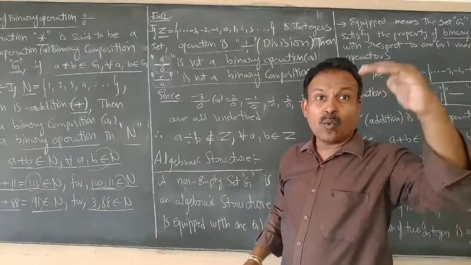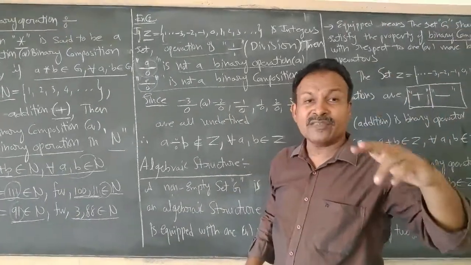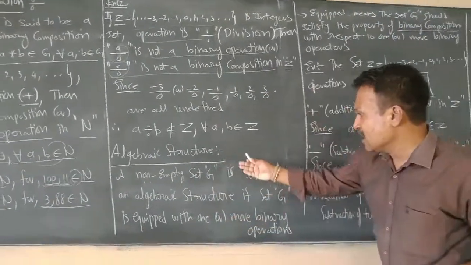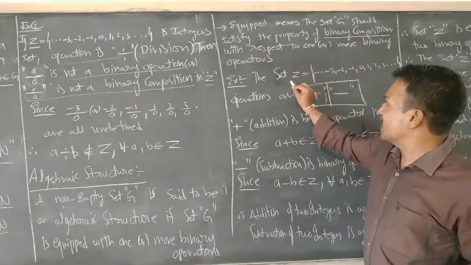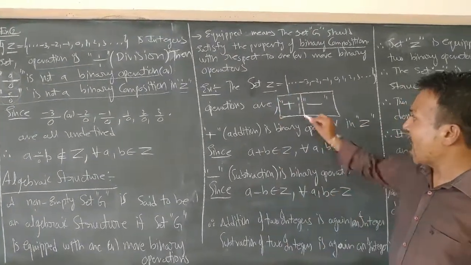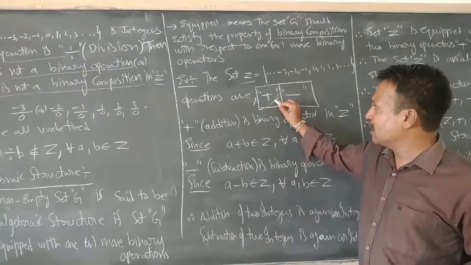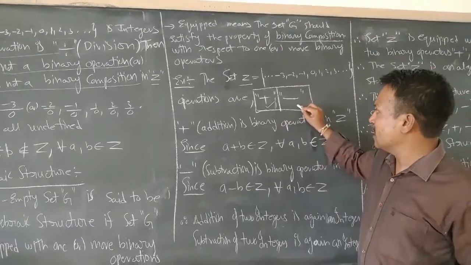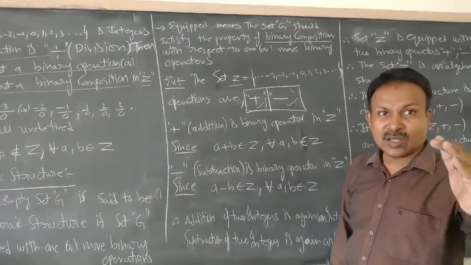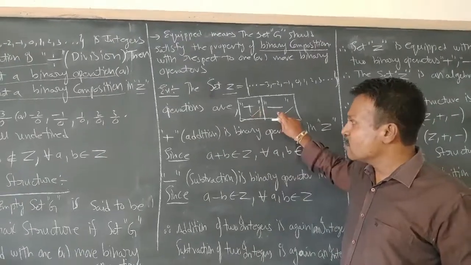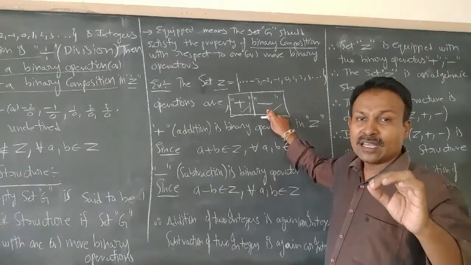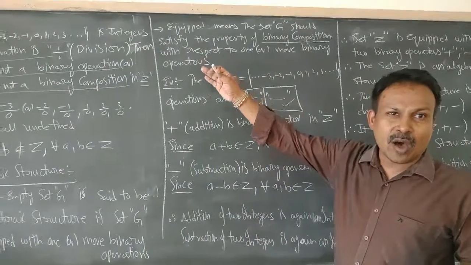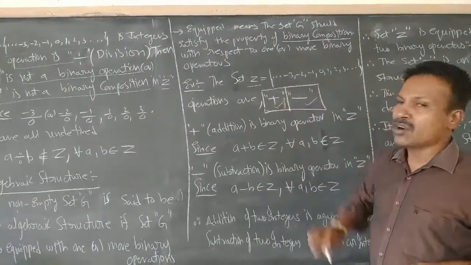If I go for more than one operation, that is, two operations, in this example I have taken the set of integers Z and two operations: one is plus and the other is minus. I am testing whether plus and minus satisfy the definition of binary operations in the set of integers or not.